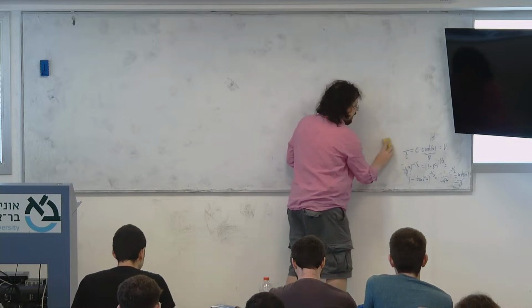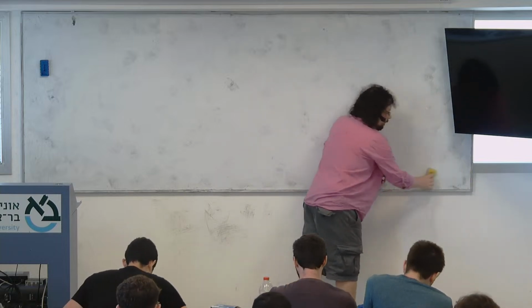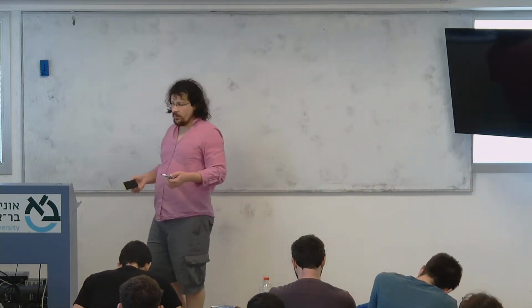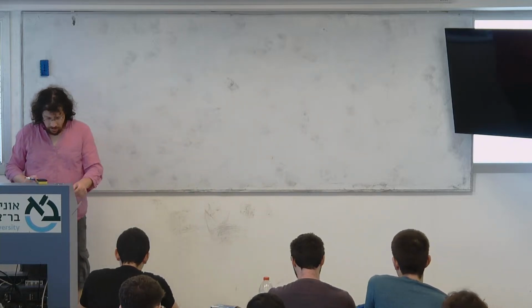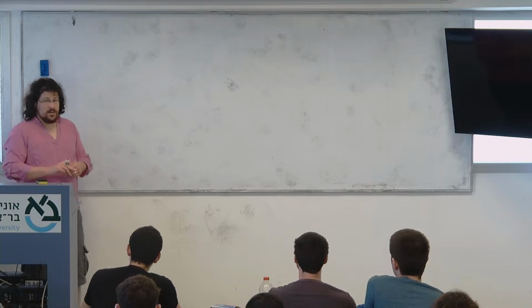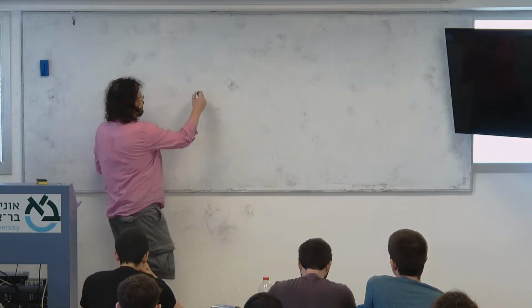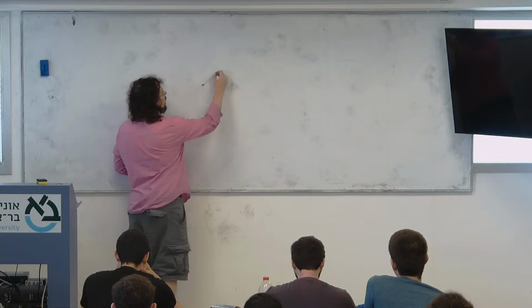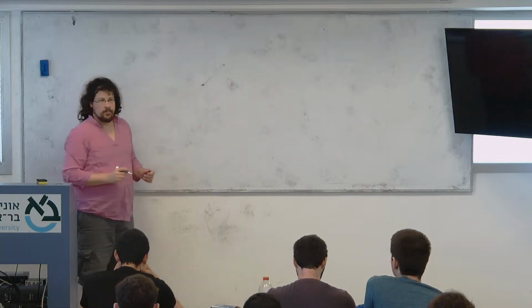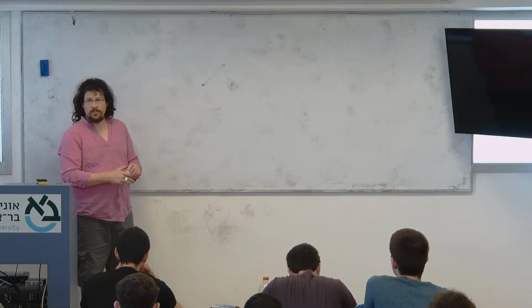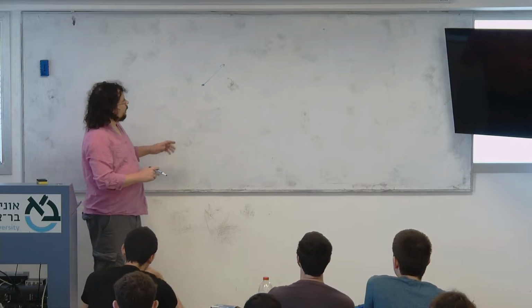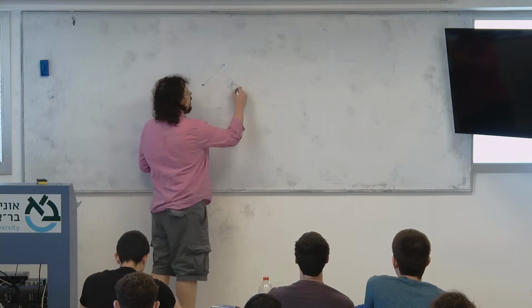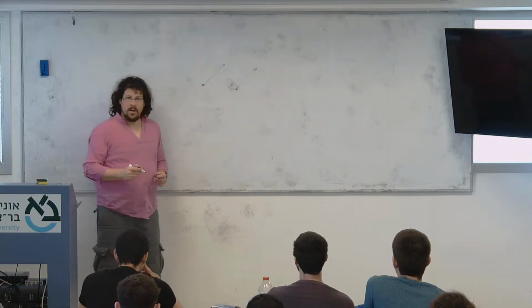Or rather, the reason it's wrong is because you all have an intuition that was developed in flat space-time, in flat Euclidean space. You guys are used to thinking of vectors as some arrow coming out of a point, maybe with coordinates or without coordinates. And your intuition tells you that this vector and this vector are the same.